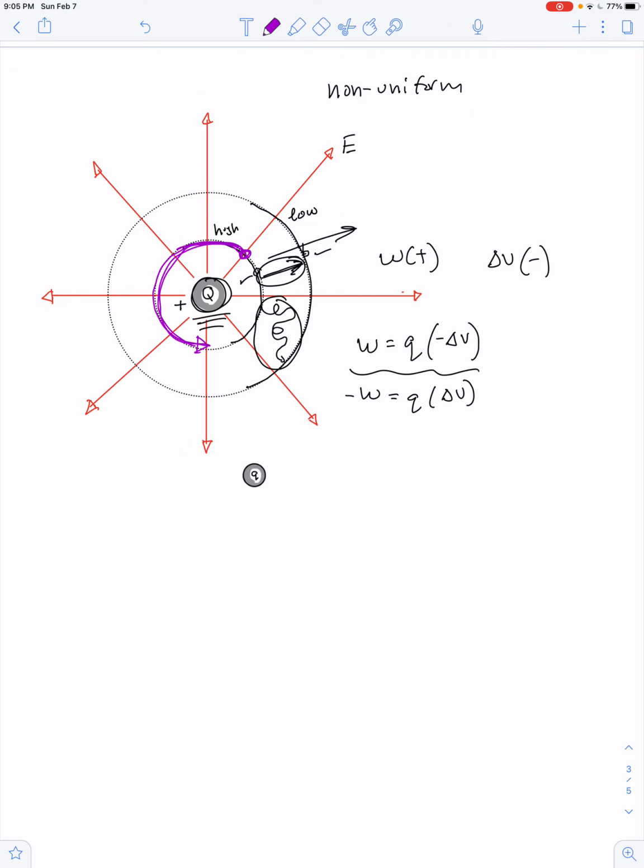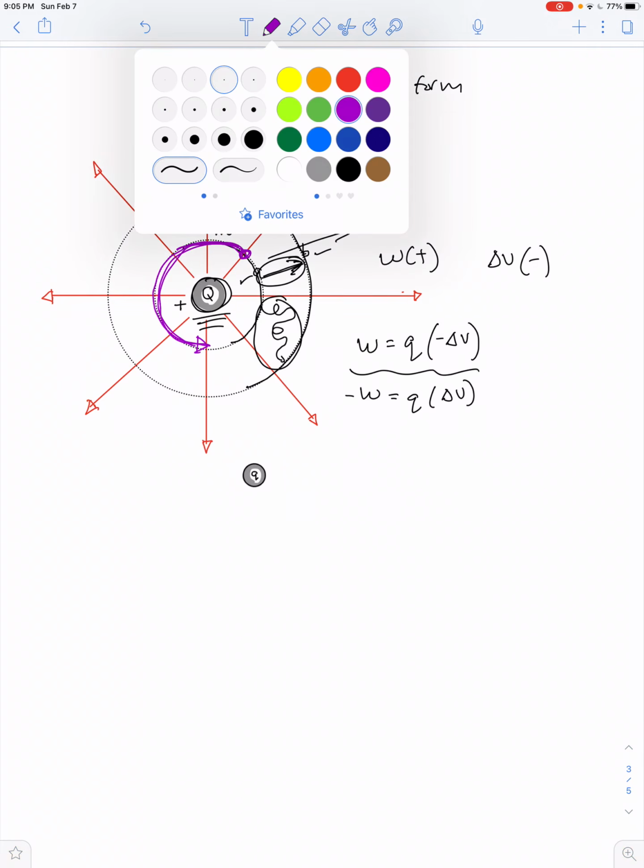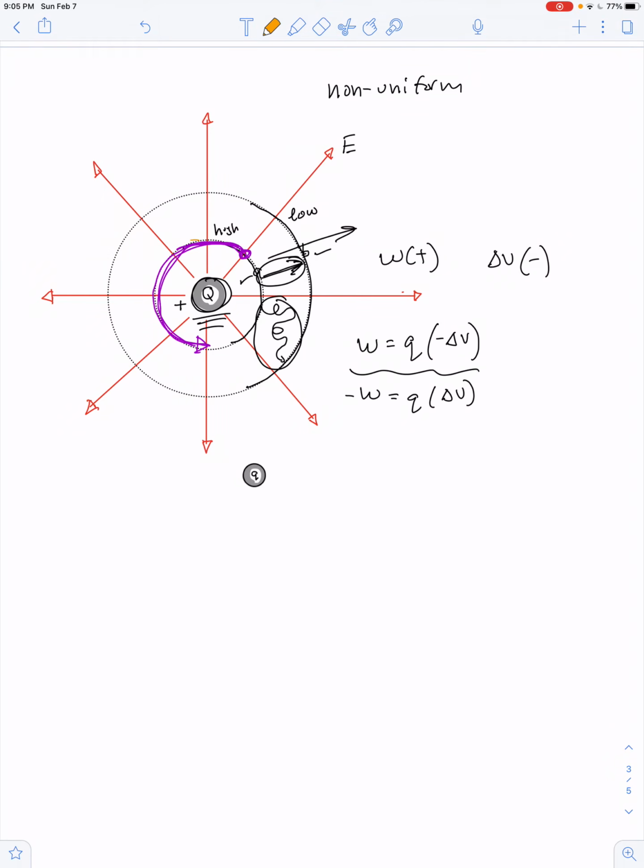And if we break that up into incremental bits, a bunch of little ds's, there's a ds, there's another ds, there's another ds. Well, for every one of those small displacements, the electric field and the displacement are perpendicular.